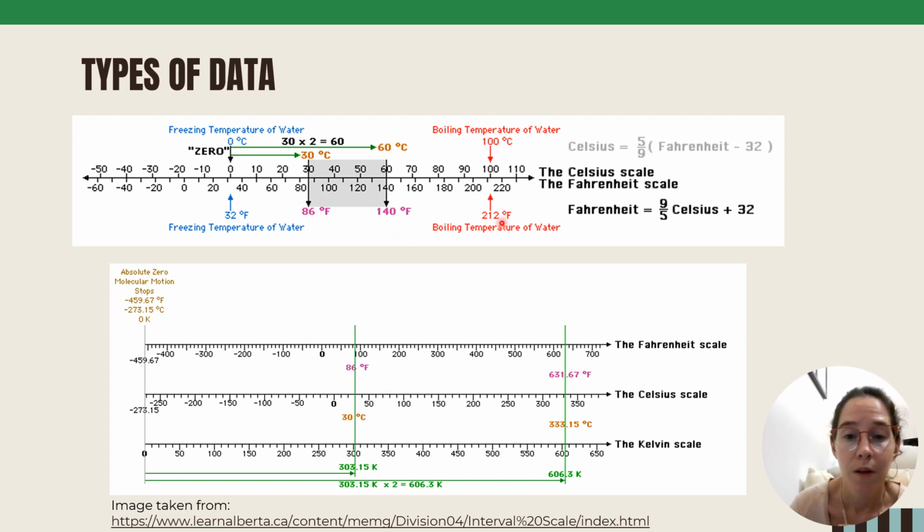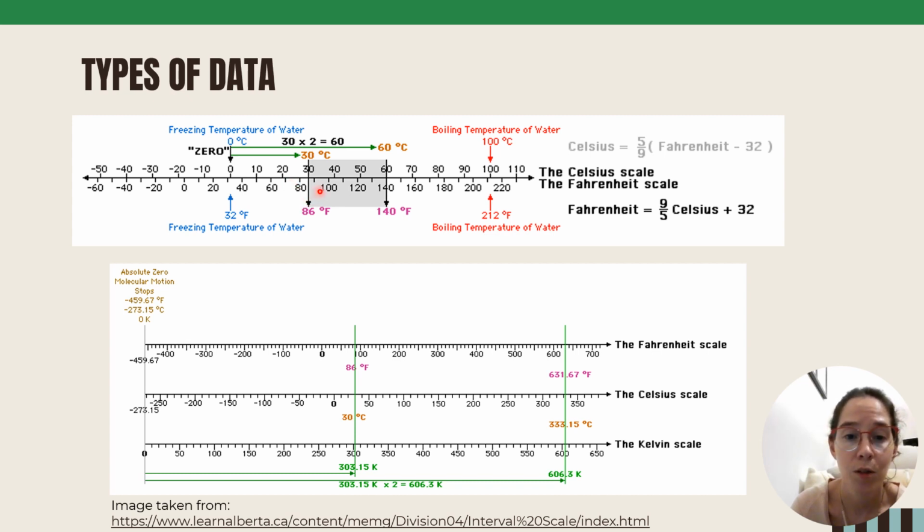So when we talk about interval scales, we need to know that there is a measurable quantity, and for example, the magnitude here is important.